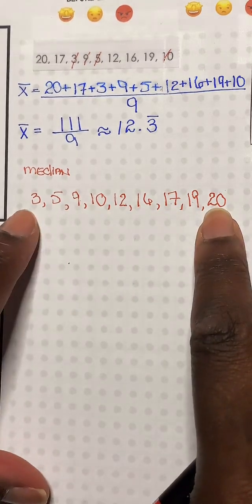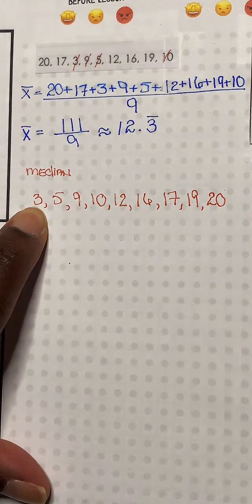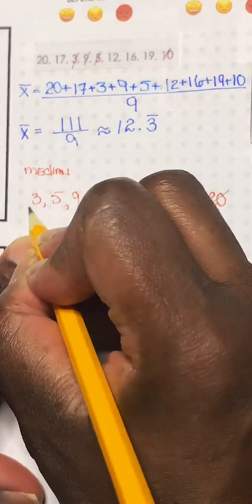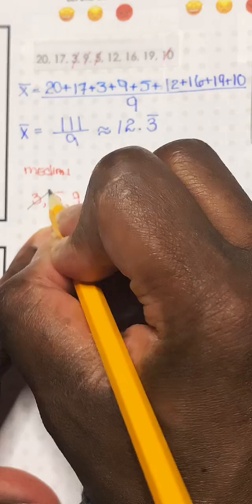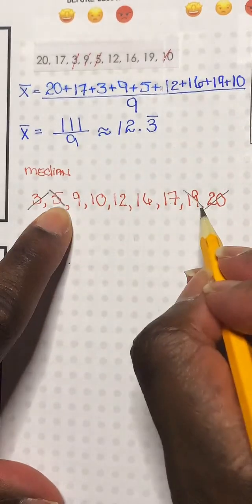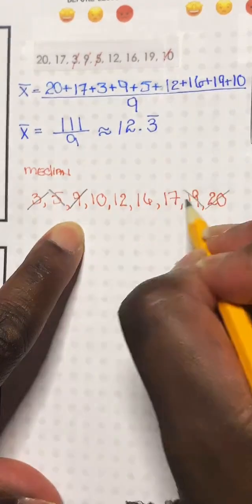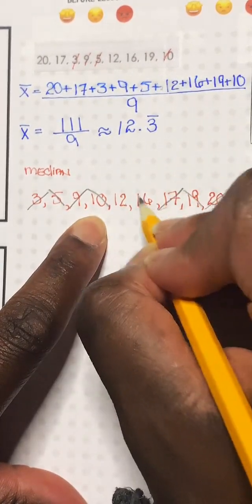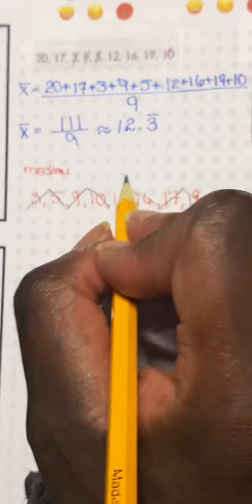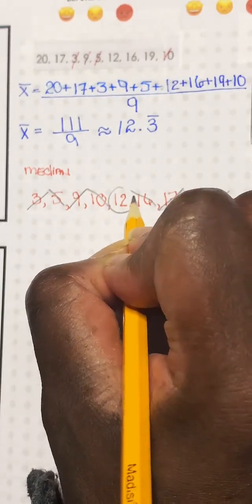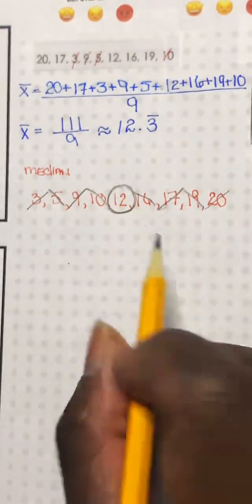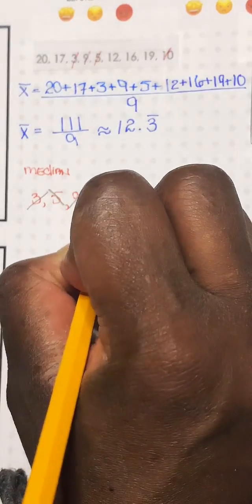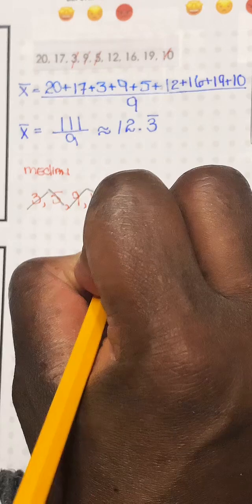Now, careful. If I'm going with 3, let me do this part with pencil. So if I go, 3 and 20 are gone. Then 5 and 19 are gone. Coming to the middle, 9 and 17 are gone. Then 10 and 16 are gone. So the number that's in the middle by itself is going to be 12. Okay, so this is our median.